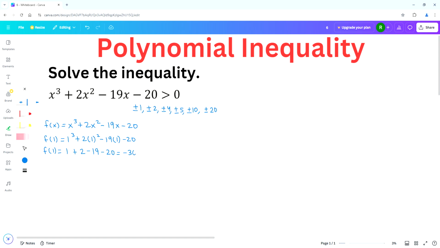I get -36. The function value is not equal to 0. That means x equals 1 is not the number we are looking for. Next we should try x equals -1.